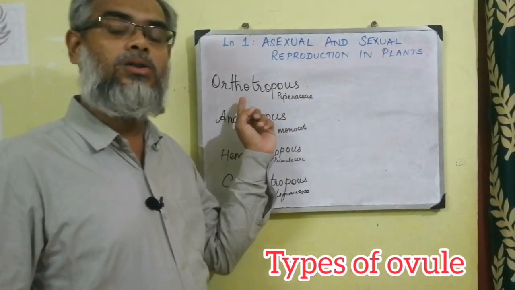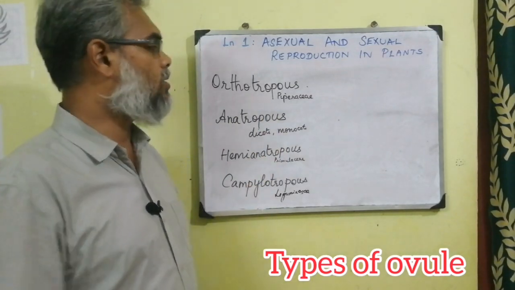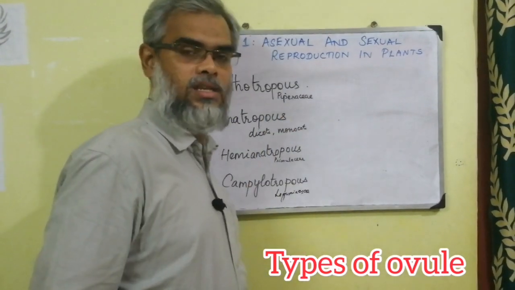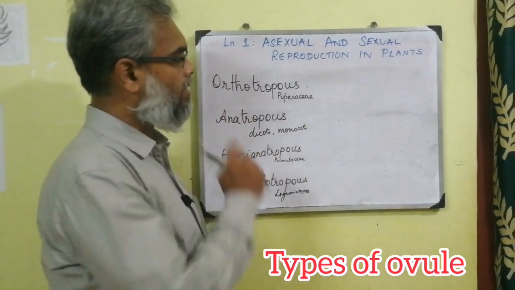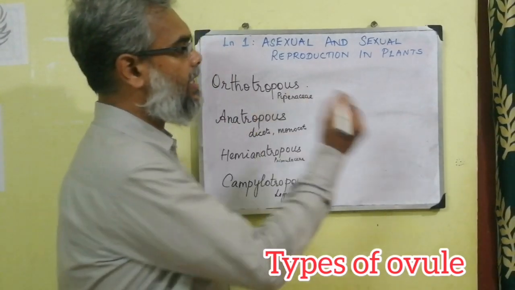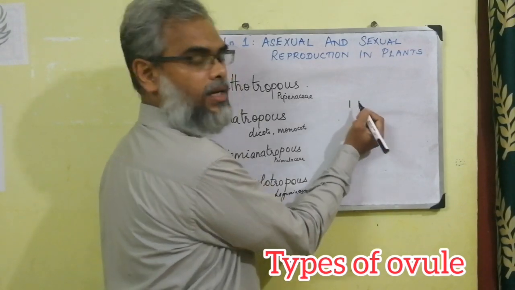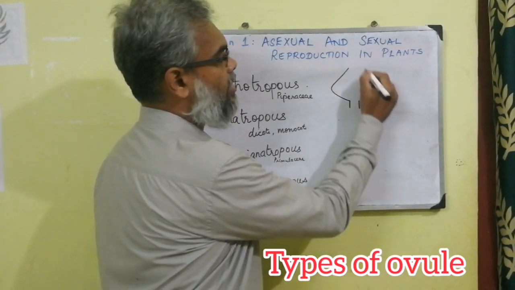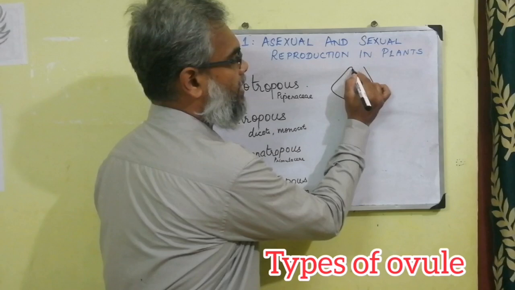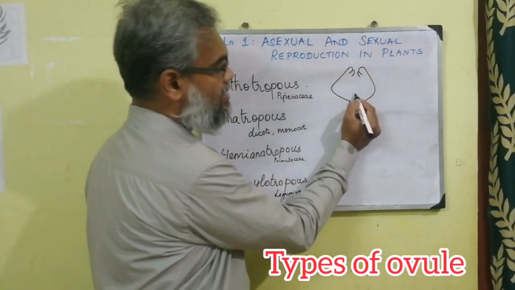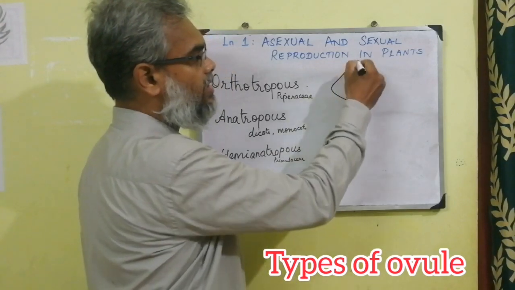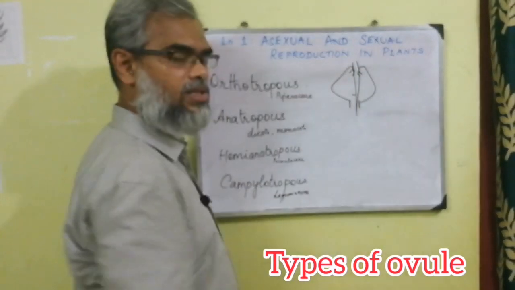First type is orthotropous. Orthotropous is seen in Piperaceae family, that is our pepper family. What happens here, the funicle will be here, and the micropyle will be present here, chalaza here. So totally everything is in the same straight line.